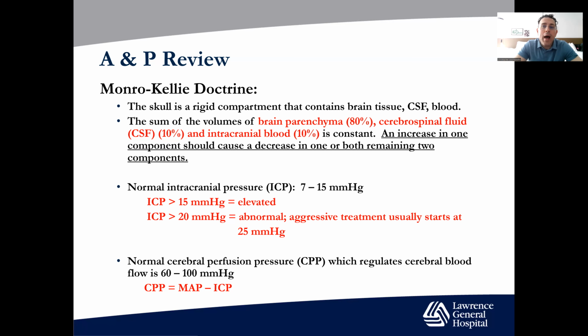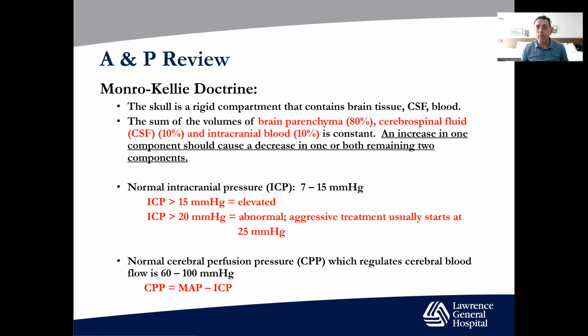Along with the concept of intracranial pressure, we have the concept of cerebral perfusion pressure. Your heart beats blood, and as the blood comes up to the head, a small amount of that pressure is going to be reduced by the ICP.